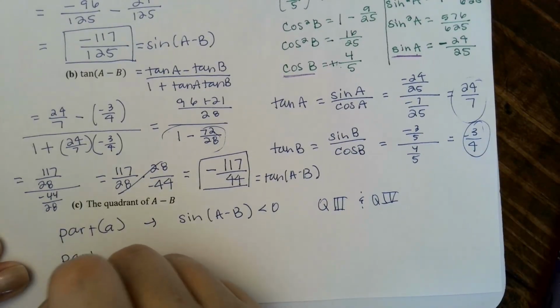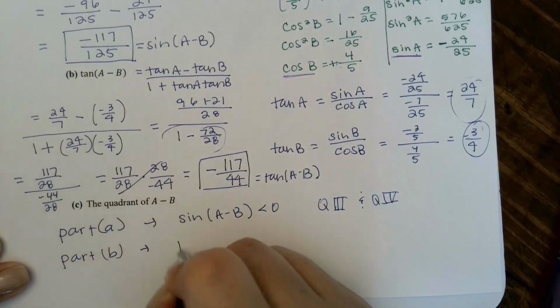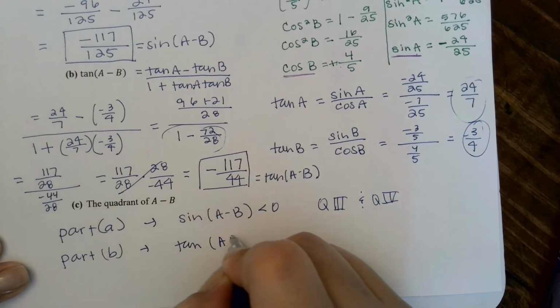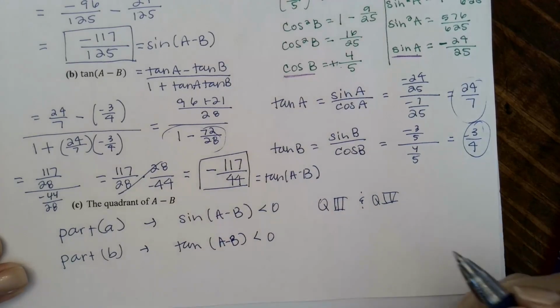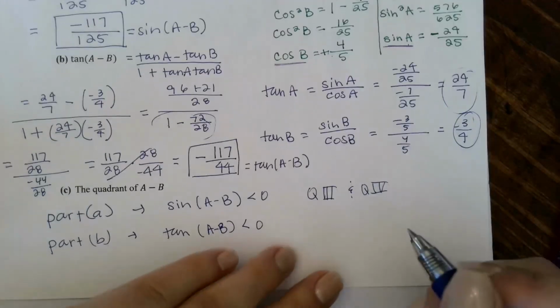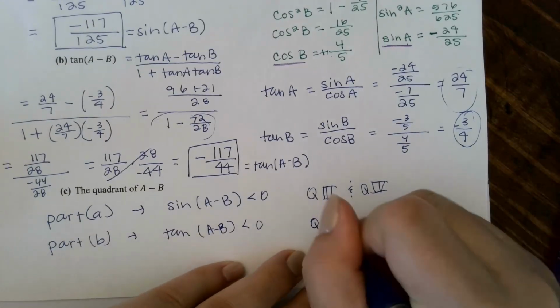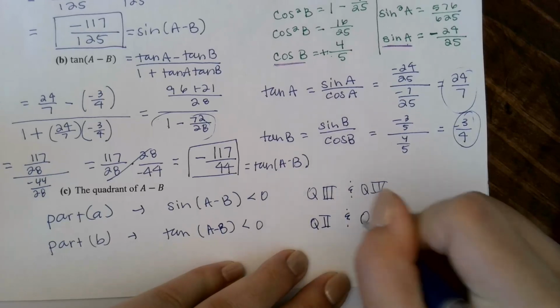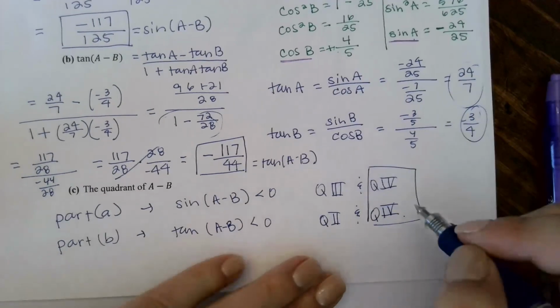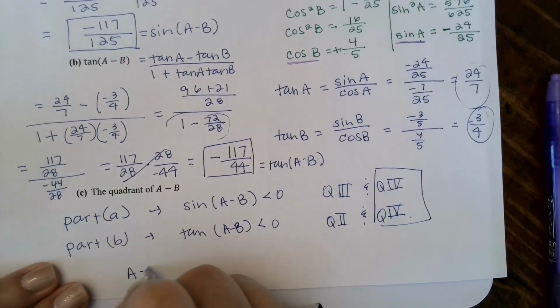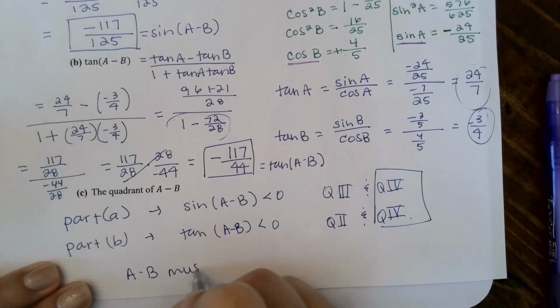From part B, we have that tangent of A minus B is negative, and tangent is negative in quadrant 2 and quadrant 4. So that means that A minus B must be in quadrant 4.